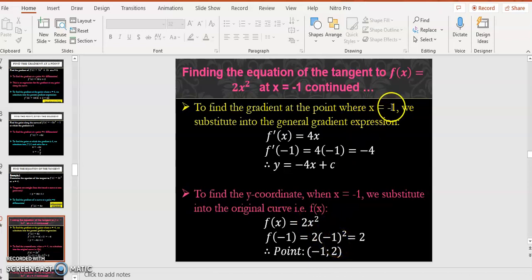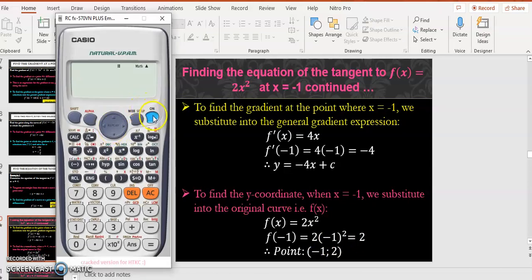It was given to us. So if you press this on the calculator: 2 times -1 squared. What does it give you? 2.